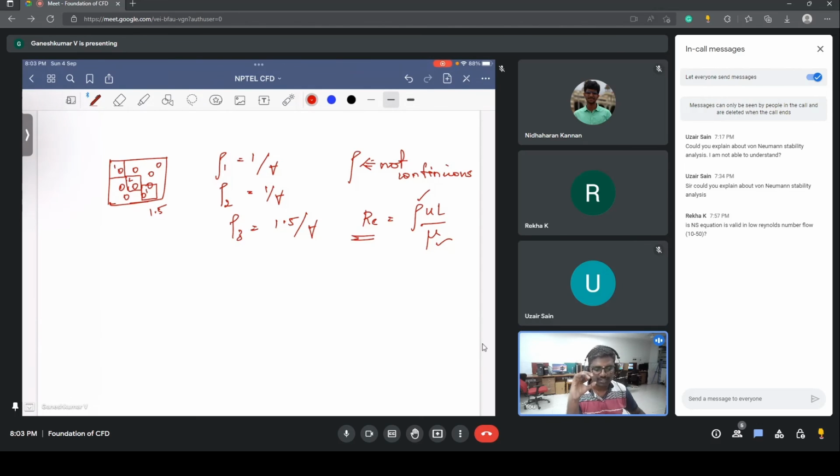At the microscopic level, the properties like density, viscosity, thermal conductivity don't vary. So if it is continuous, then only Navier-Stokes is valid. If you are saying that there is a Reynolds number for this flow, Navier-Stokes is of course valid.